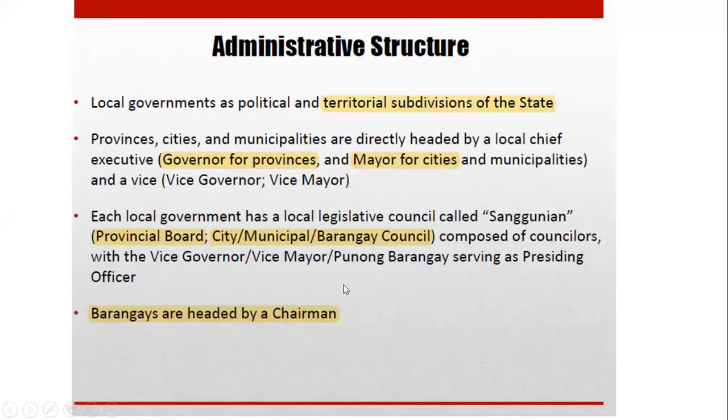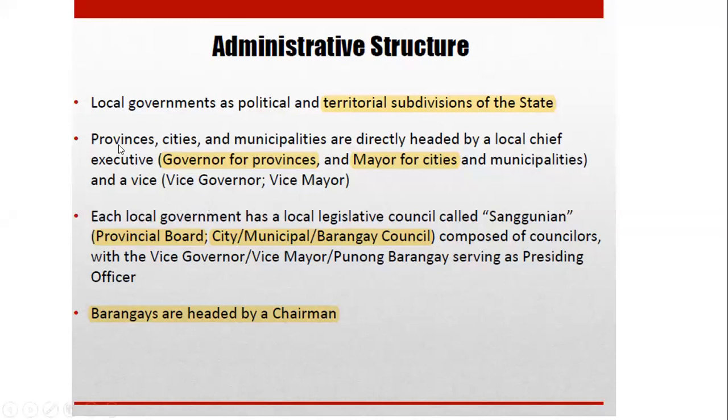All right. Now, this is the administrative structure of these local governments. The local governments are viewed as political or territorial subdivisions of the state. Of course, we have the national government, and then the local government units as subdivisions.